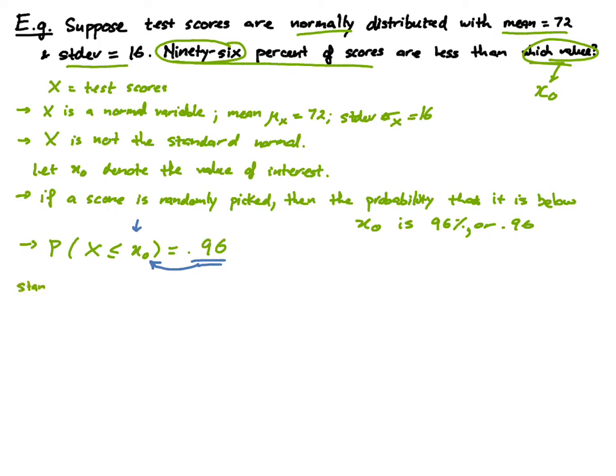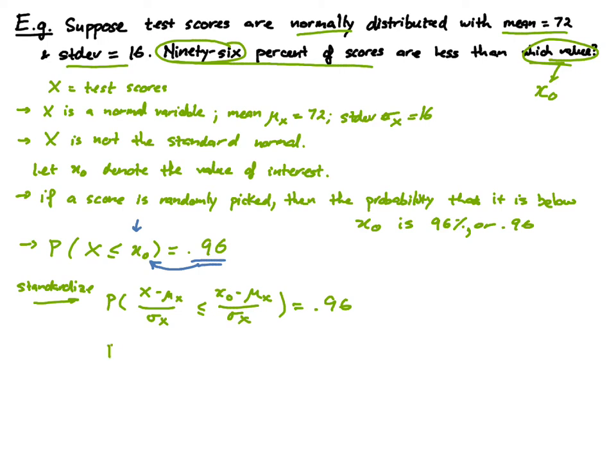If you standardize this, you do it by subtracting the mean of X and dividing by the standard deviation of X. So this becomes the probability that X minus mu X divided by sigma X. Remember that you do that to X, and in order to maintain the inequality, you also want to do it to X sub 0 in this case. So you're going to have X sub 0 minus mu X divided by sigma X equals 0.96.